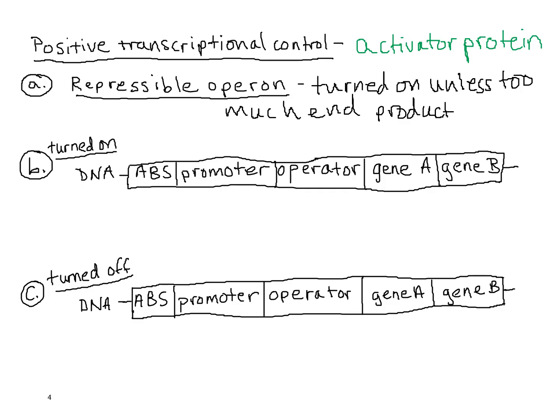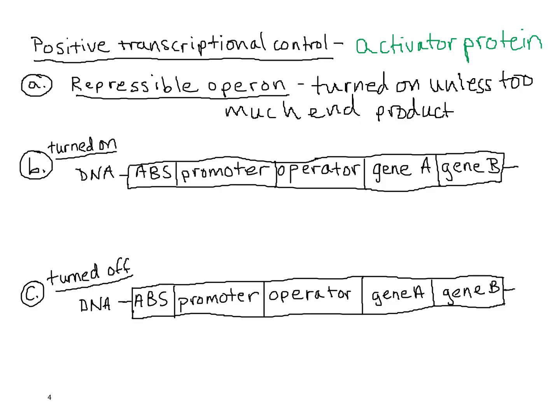Okay, and then part B of the question that I might ask on the test would be, if this repressible operon is under positive transcriptional control, how is it turned on? If we're using positive transcriptional control, we need to think about where the activator protein would be if it's turned on.